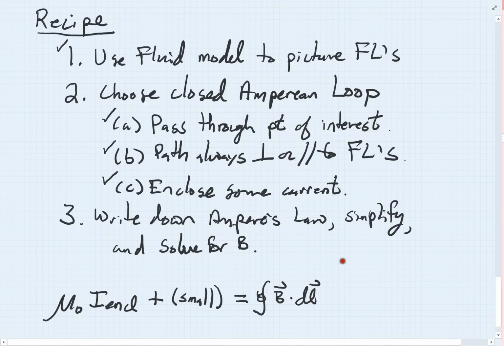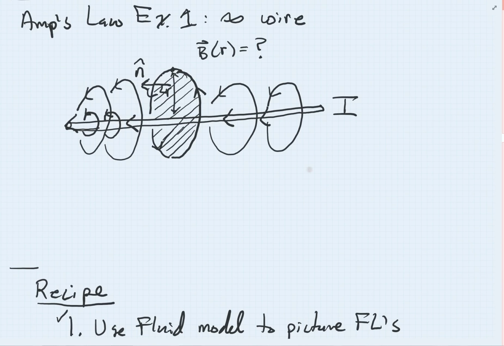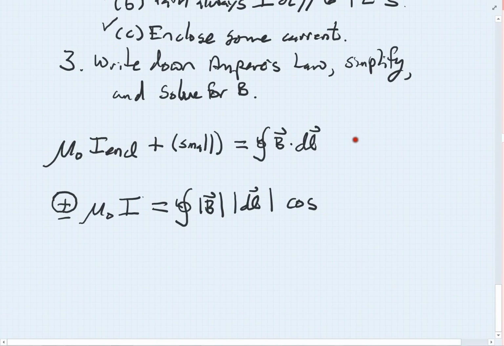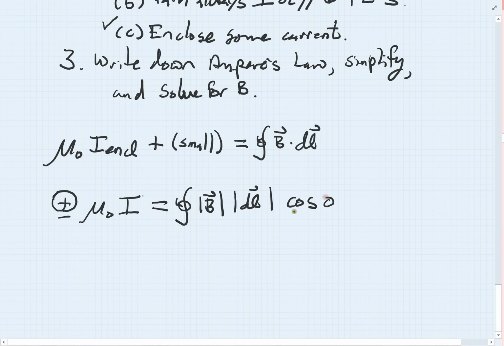In this particular case, the way I've chosen things, my path goes around in this direction, and when I chose this direction for n hat, that path is following the field line. So each little chunk of my path is always automatically aligned with the magnetic field. So the angle between those is 0, and the cosine of 0 is 1.